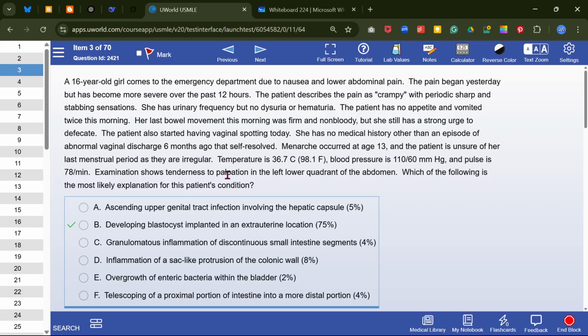There may be adnexal tenderness, tenderness to palpation of the left lower quadrant of the abdomen. Which is the most likely explanation of this patient's condition?